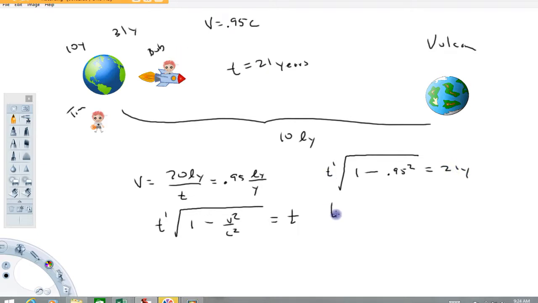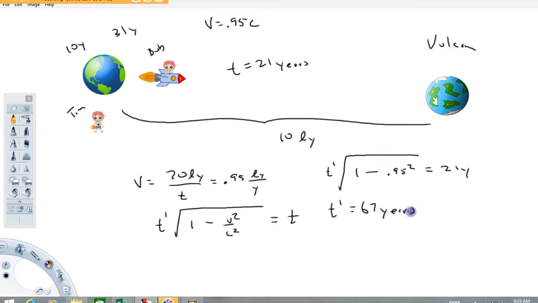So when we solve this for t prime, we get 21 divided by the square root of 1 minus 0.95 squared, which is 67 years. Hopefully I did that right.